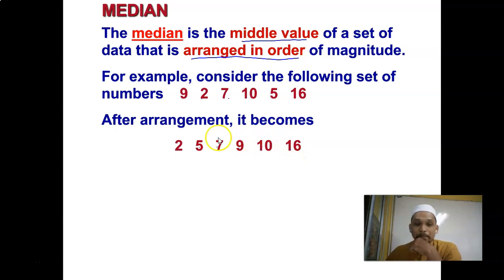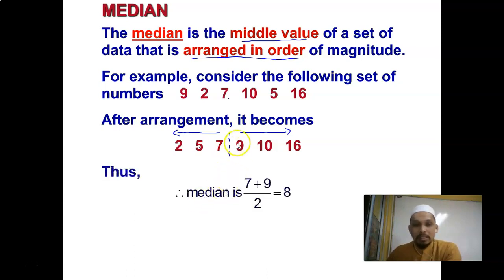So if we divide it into 2 parts here, as you can see, there are 3 numbers to the left and 3 numbers on the right side of this middle line. Okay, so then the median is the summation of these two, 7 plus 9 divided by 2, which is equal to 8.